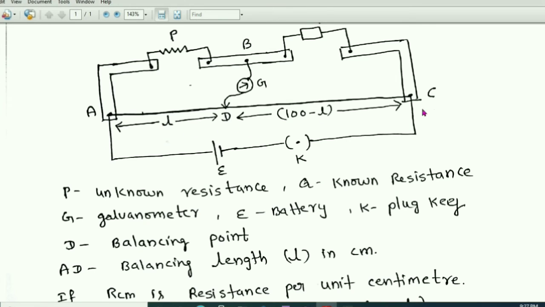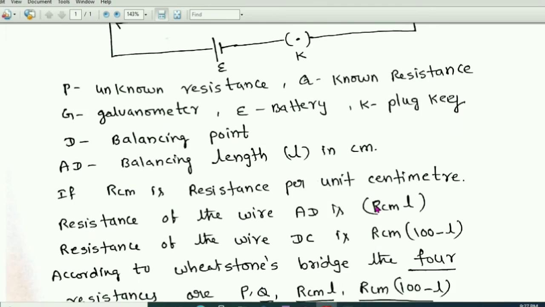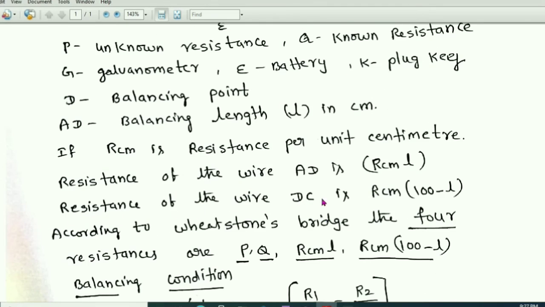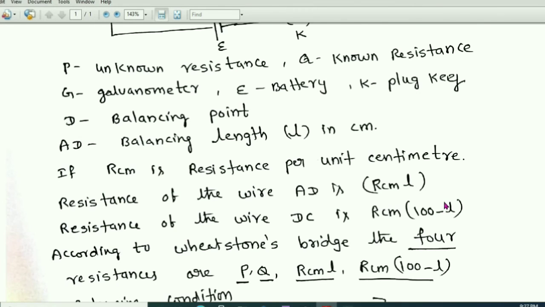Now the remaining portion D to C has a resistance of 100 minus L into RCM, because the length is 100 minus L and per unit centimeter the resistance is RCM. So the resistance of the wire DC is RCM into 100 minus L. This is another resistance. So totally we have 4 resistances here.